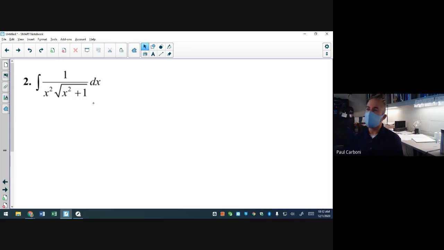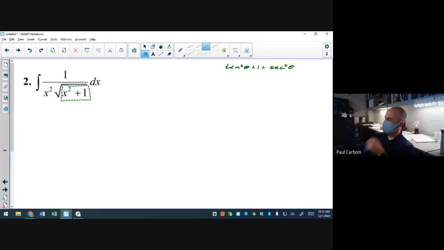Okay, so number 2, to choose the correct trig substitution, you're looking at the thing that has like x squared plus or minus a number in some way. So x squared plus 1 looks a whole lot like the identity tangent squared plus 1 equals secant squared. And that's the identity we're going to take advantage of here.